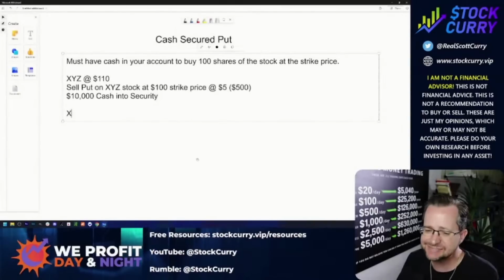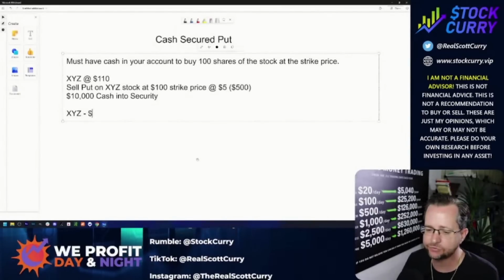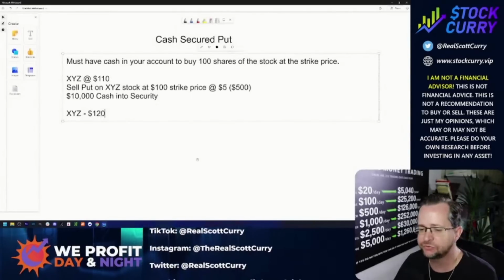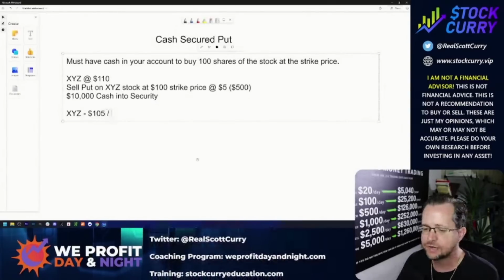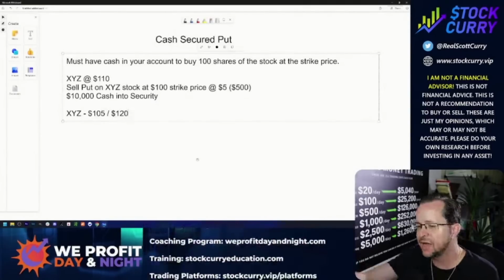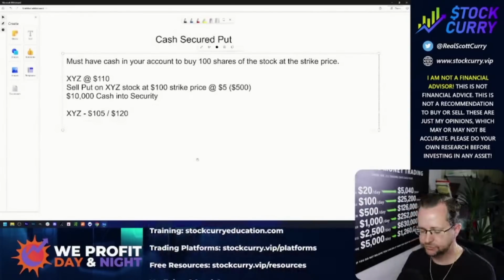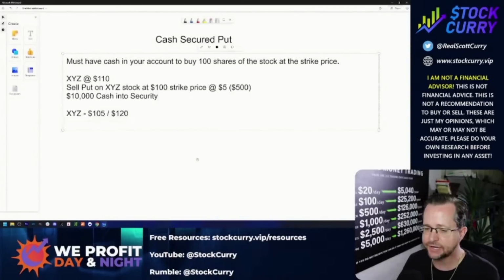Let's say that at expiration, XYZ stock is trading at, well, let's do the easy one first. Let's say it's at 105, 120, it doesn't matter. It's above $100. In that case, nothing happens. It's obviously not going to get exercised.